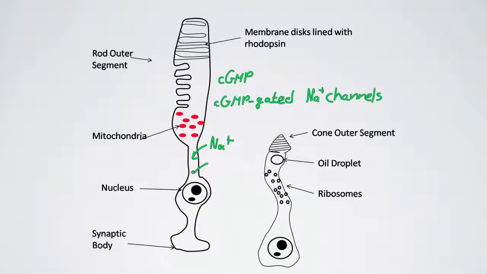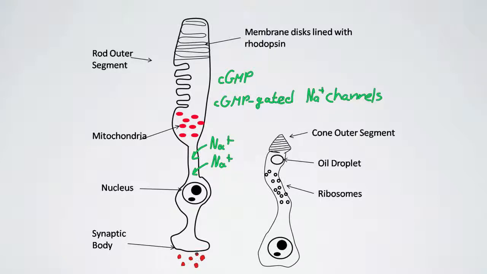Na plus. And if you remember from previous episodes when we spoke about depolarization, sodium rushes in, making the membrane potential more positive. So this is the exact opposite of what we've been looking at, because when there's no stimulation, when there's no light, cyclic GMP gated sodium channels are open, sodium is rushing in, and as a result of that, the membrane is depolarized and neurotransmitters are being released.